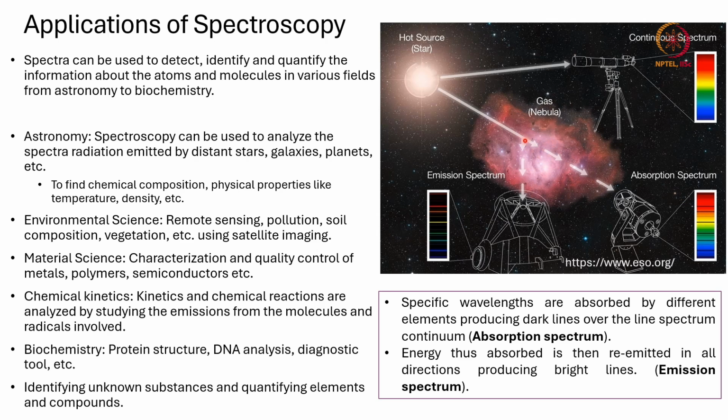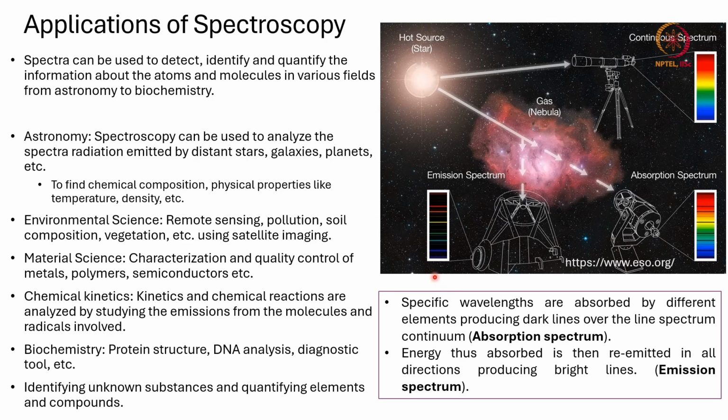On the other hand, once the gas molecules absorb this energy from the incident light, the molecules or atoms get excited, and when they come back to ground state, they emit that energy as radiation as well. When this emission is captured and the spectrum is obtained, it looks like something we have already discussed, in which bright lines are present on a dark background.